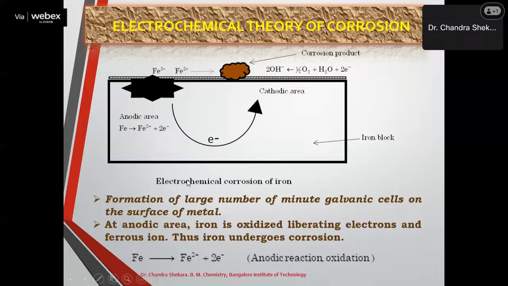For the combination of reduction and oxidation, we use the term redox because in a redox reaction, both oxidation and reduction occur simultaneously. And both those reactions are interdependent. To understand the electrochemical theory of corrosion of iron metal, you must very clearly understand the nature of a redox reaction.